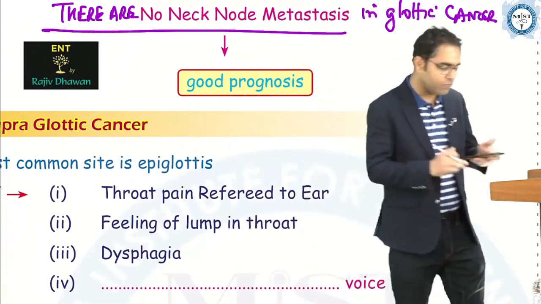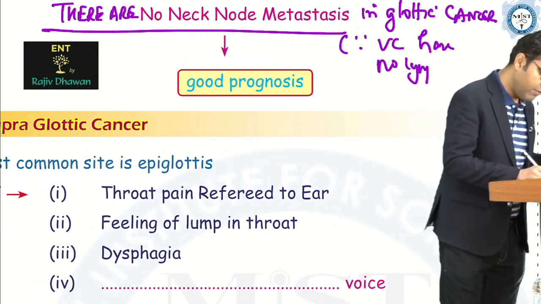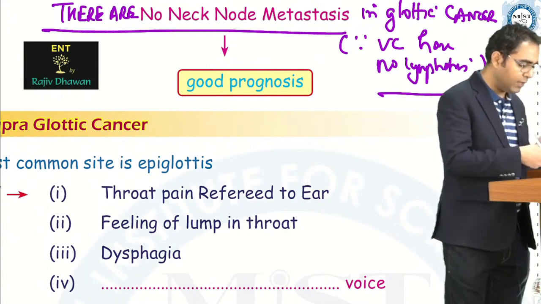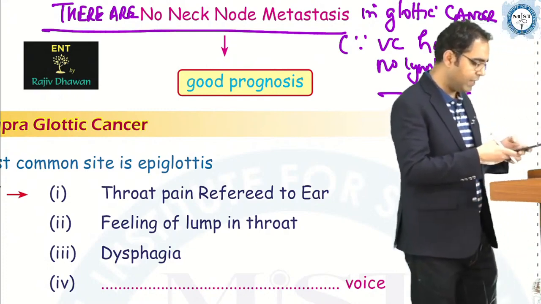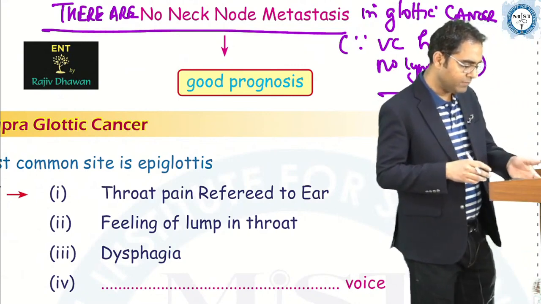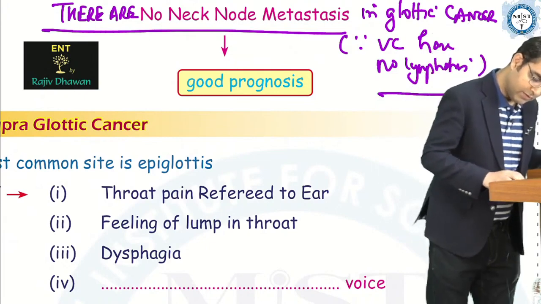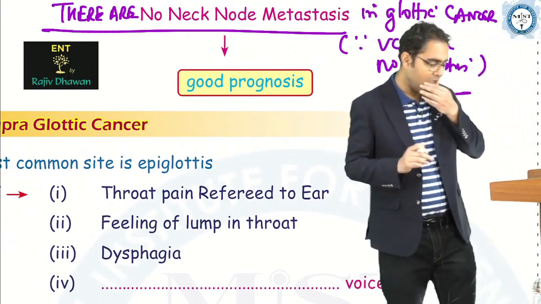Because vocal cord has no lymphatics. Very good. Everybody, did you answer this question? Vocal cord has no lymphatics, beta. Okay, very good.